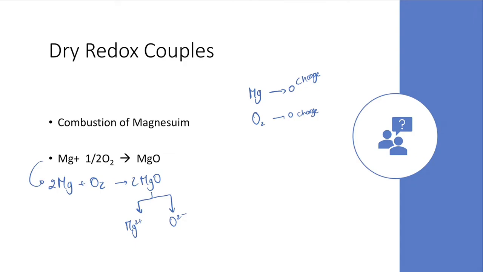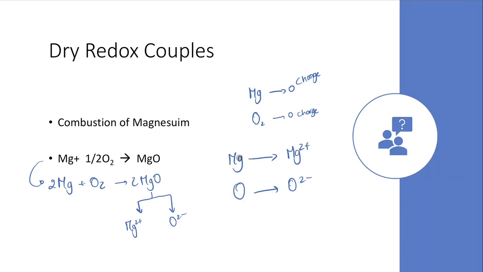Then we can say that Mg becomes Mg2+ and O becomes O2-. It's obvious that here we have a neutral charge, then it becomes positively charged. This means that there is a loss of electrons.